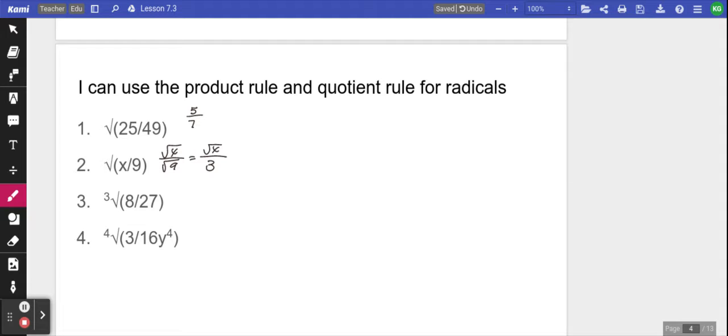Cube root of 8 over 27. The cube root of 8 is 2, and the cube root of 27 is 3. And the last one, the fourth root of 3 over the fourth root of 16 y to the fourth. The fourth root of 3 does not come out. The fourth root of 16 is 2, and y to the 4 over 4 becomes y to the 1.